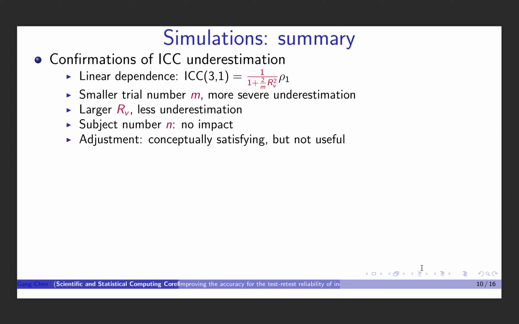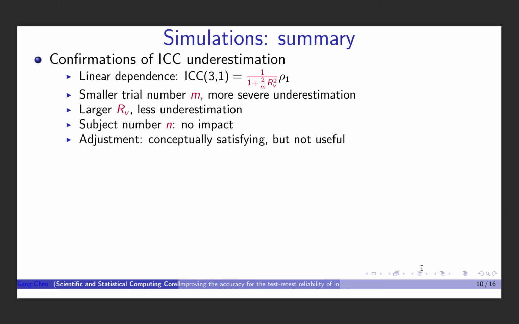First of all, the simulations do confirm the ICC underestimation. The amount of underestimation follows the linear dependence we discussed earlier. The simulations confirm that the trial sample size is a big factor: with a smaller sample size, we get severe underestimation from traditional ICC.